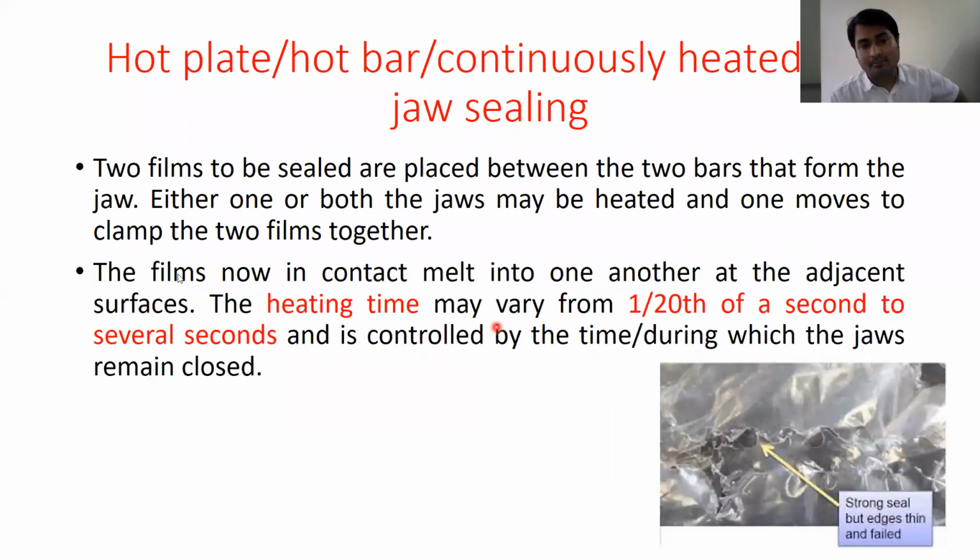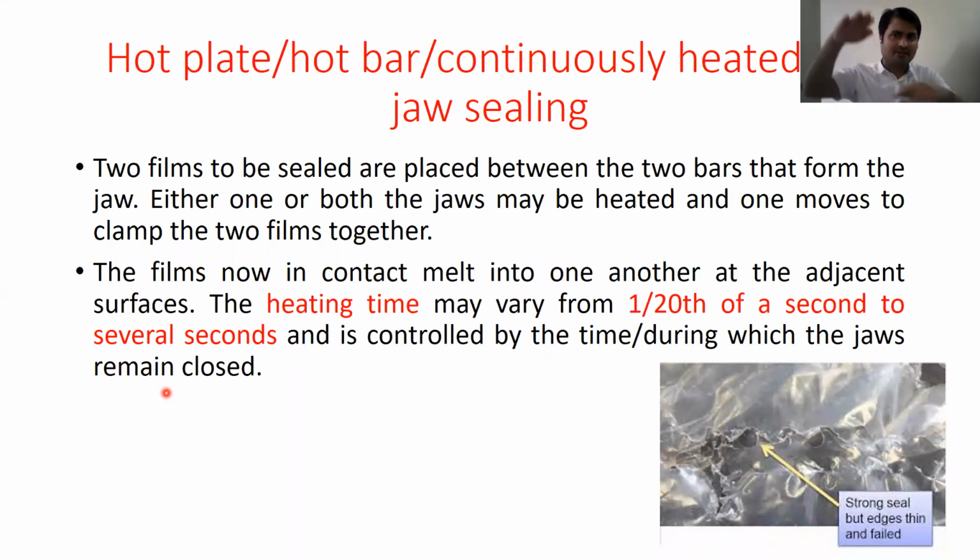Mainly the dwell time, how much dwell time we can apply. Heating time in case of heat sealing or hot bar sealing varies from 1/20th of a second to several seconds, and is controlled by the time during which the jaws remain closed. Some sealers come in which we can fix the time.